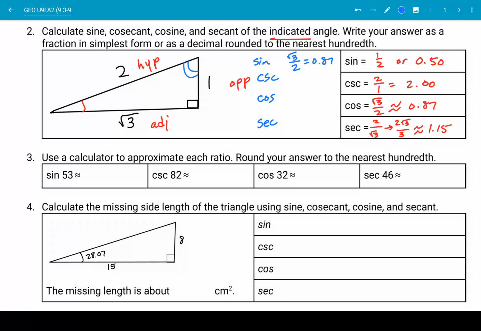If we had done the opposite of that, it would have been 2 over rad 3, which we would have rationalized to 2 rad 3 over 3, which is about 1.15. Cosine would have been 1 over 2, or 0.50, and secant would have been 2 over 1, or 2.00.